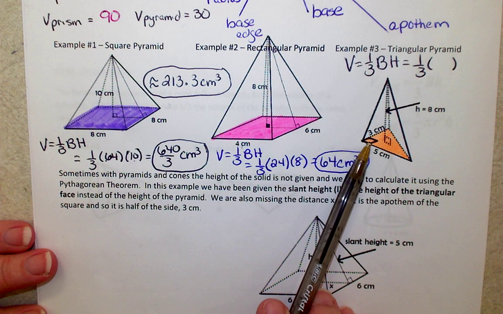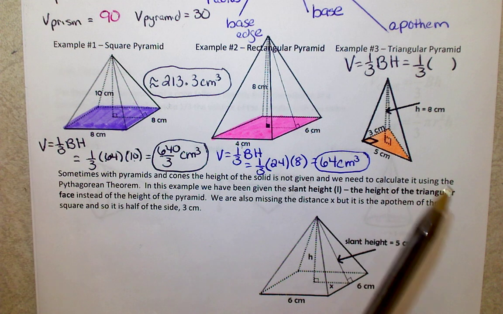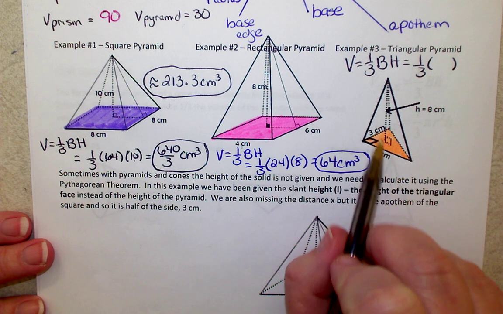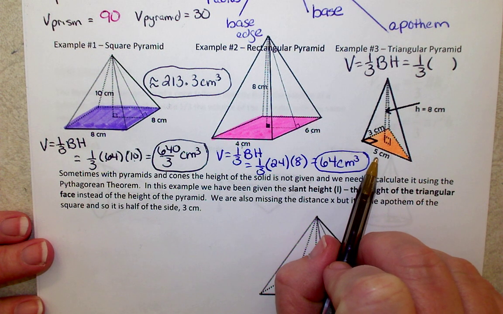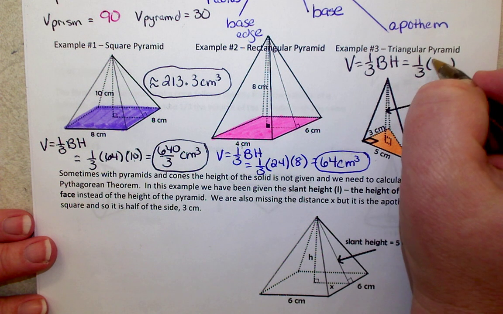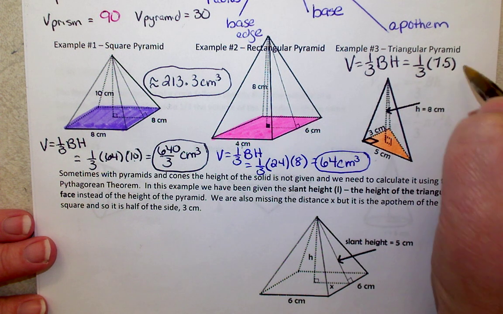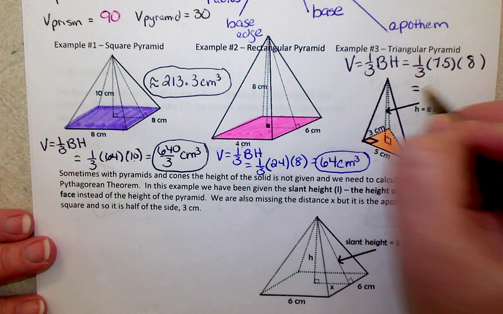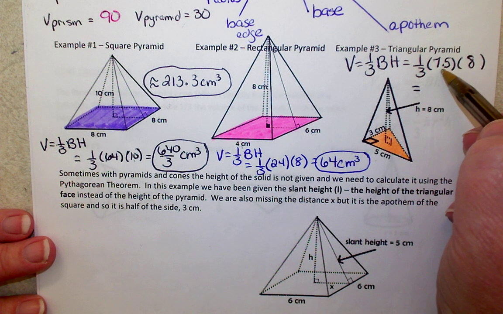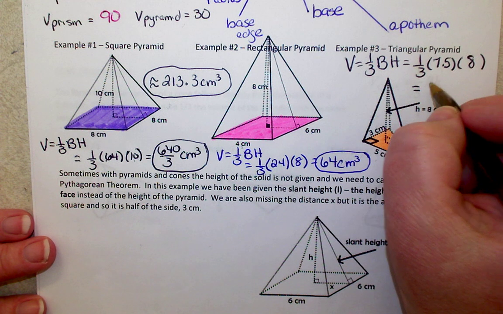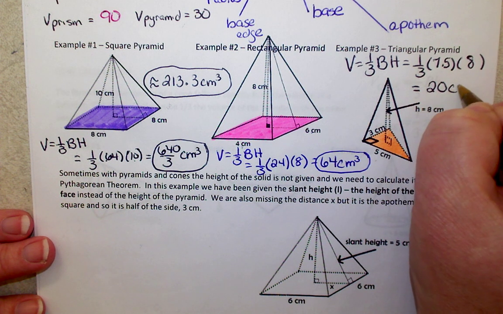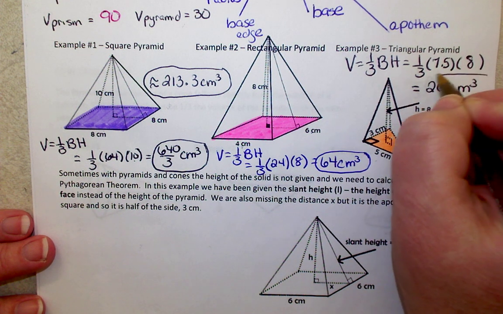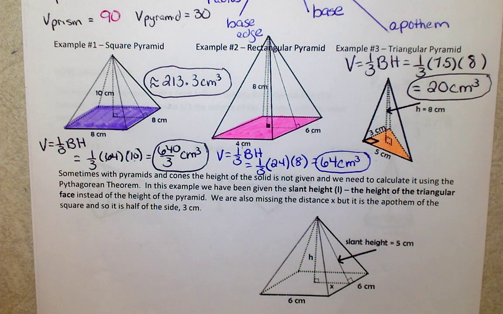Since it's a right triangle, I know that the legs of a right triangle are the base and the height. So 3 times 5 is 15. Half of 15 is 7.5. Then the height of the pyramid is 8. So we're going to say 1/3 times 7.5 times 8, and that's going to give us 20. So we get 20 centimeters cubed.